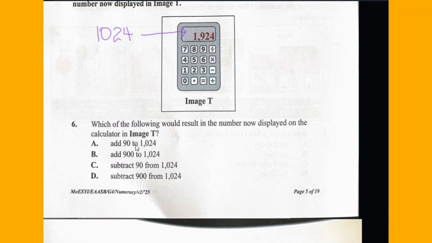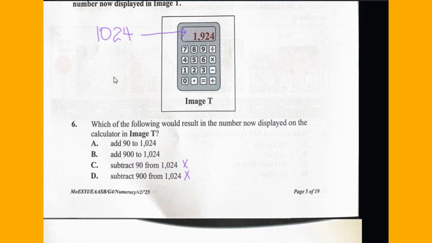Let us look at the options. Option A says add 90 to 1024. Option B says add 900 to 1024. C says subtract 90 from 1024. And finally D says subtract 900 from 1024. Now we're going to eliminate the 2 options that said subtract because the number increased. So it means that something was added.